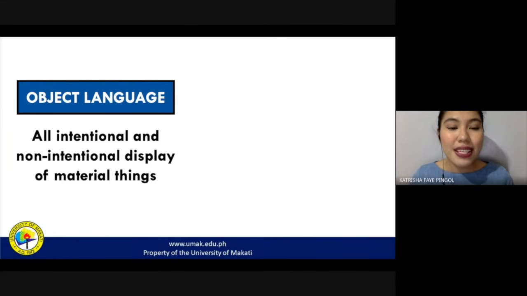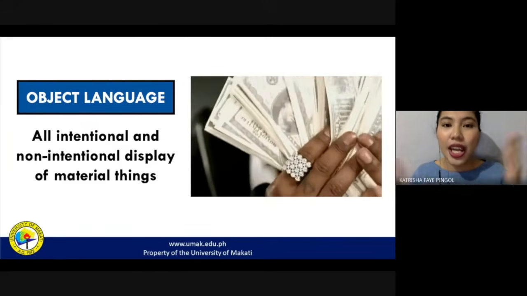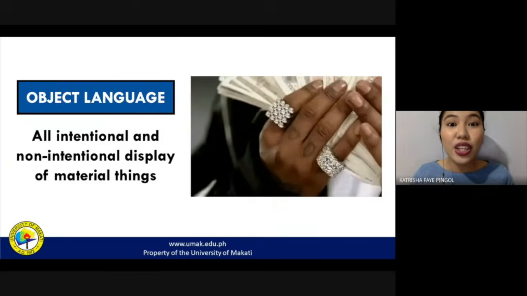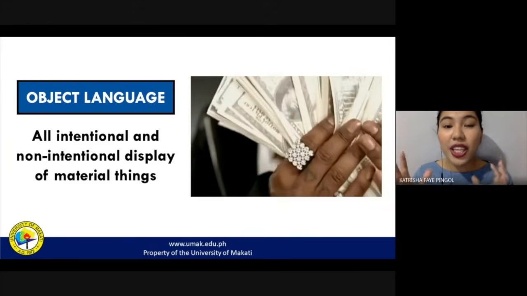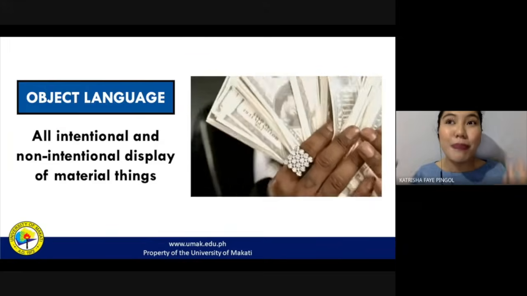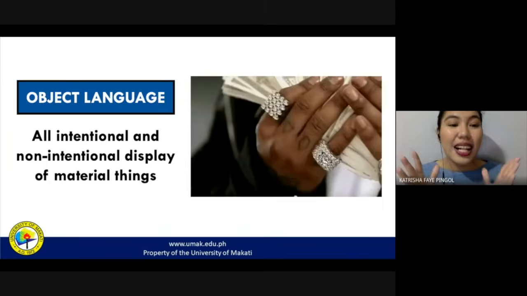So take for example your clothes, the objects that you are using, your accessories, your hair accessories, your jewelry, the way that you flaunt your material possessions, for example, your laptop, the brands of your things. Those could all be object language.